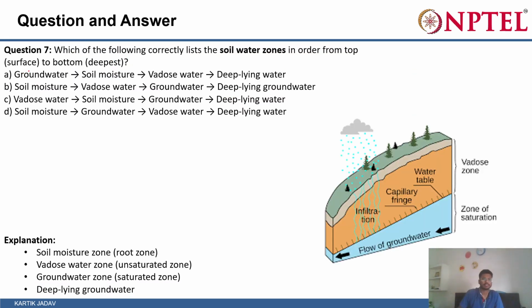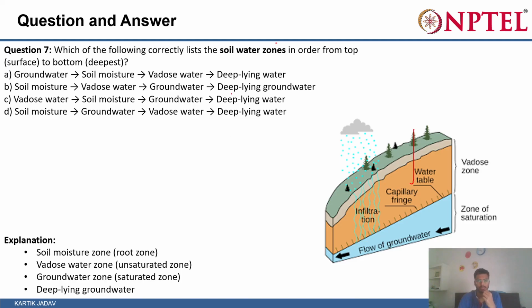Question number 7. Which of the following correctly lists the soil water zones in order from top surface to water table? The options list groundwater, soil moisture, vadose water, and deep lying water.